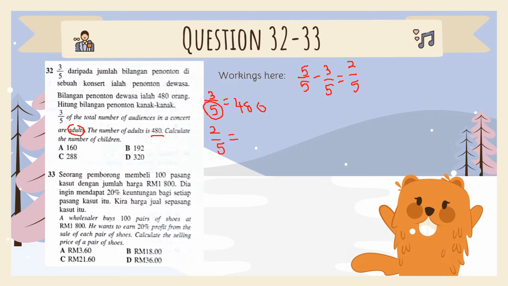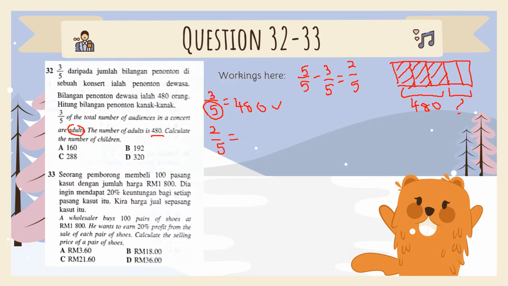Okay, so this is a simple way. What we have to do is draw a diagram and divide it by 5. After dividing it, shade 3 boxes to show the number of adults, which is 480 as given here. So 2 over 5 here is unknown.